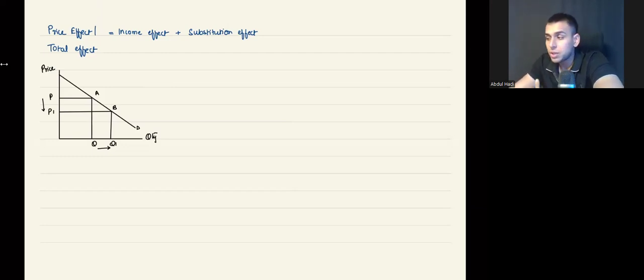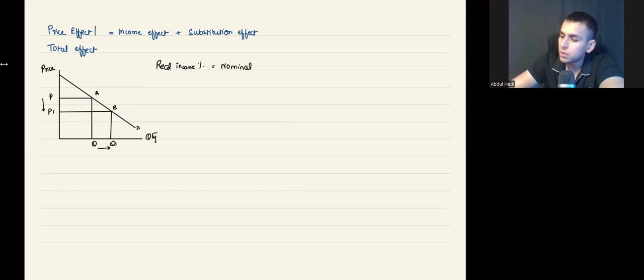And when I say decrease in my price level, I am able to identify the change in my real income, because real income percentage is equal to nominal income percentage minus inflation percentage. This is the formula of real income.